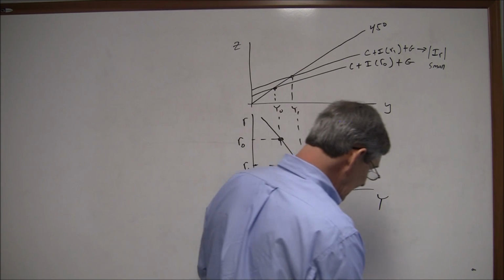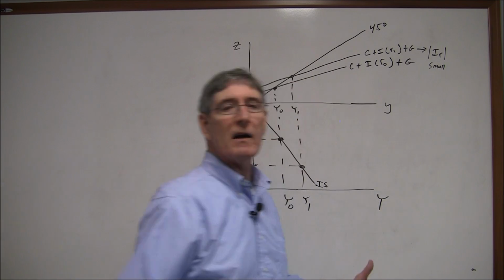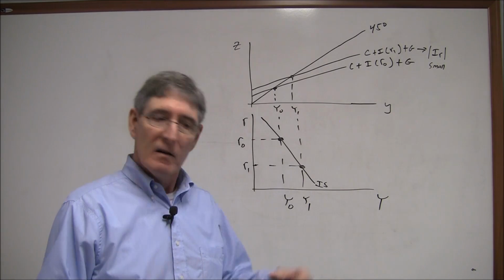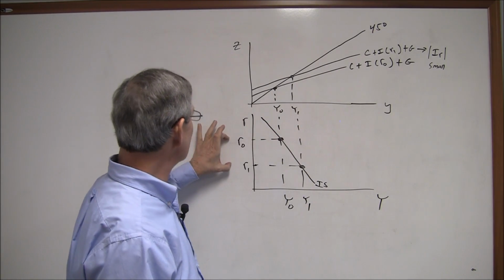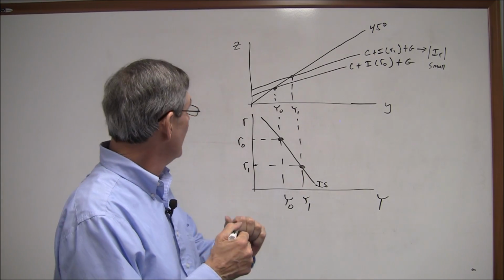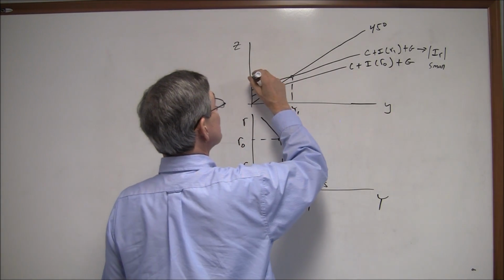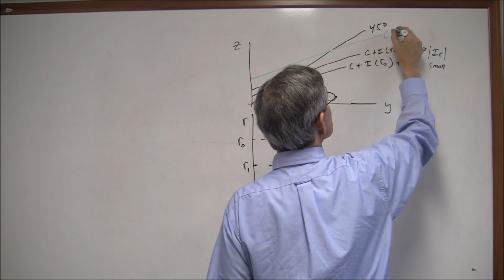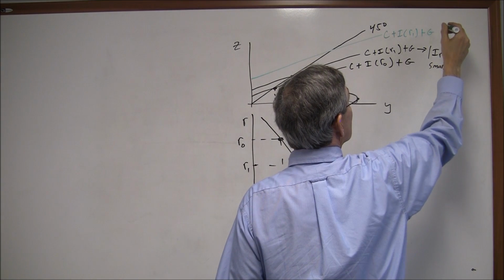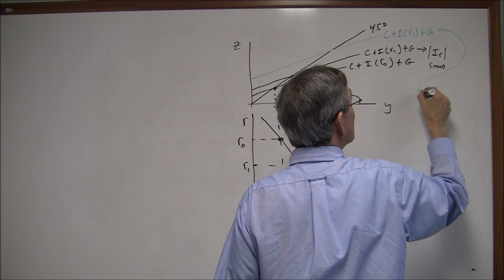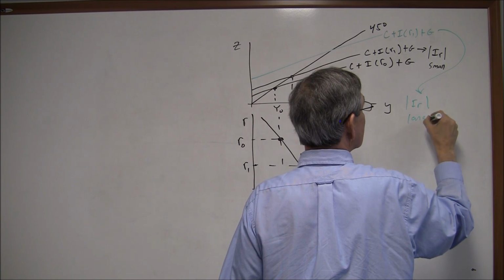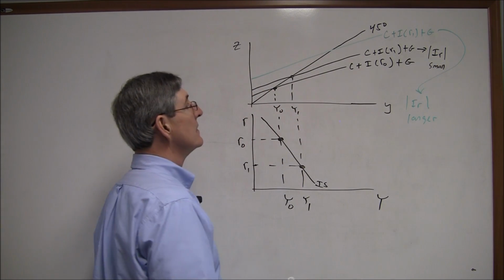Now we can think of a second case where I of R is a whole lot bigger. If I of R is bigger, for the same fall in the interest rate, investment's going to go up more. And so in that case, might be this, C plus I of R1 plus G. And this is for I of R larger than it was here.